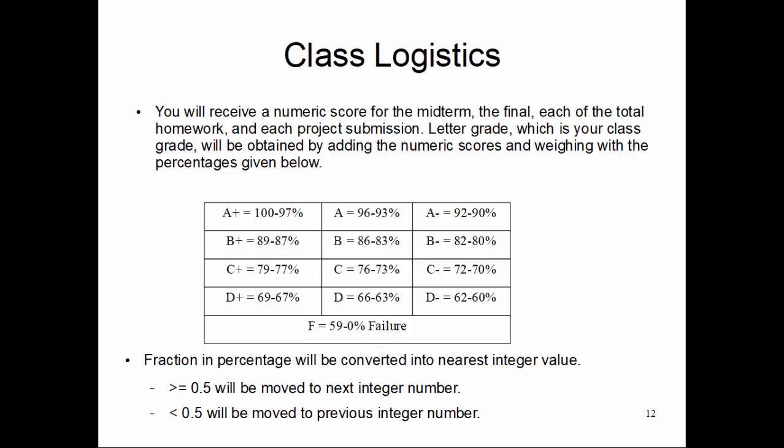For example, let's say you get 92.5. 90 to 92 is A minus, but 92.5 will be converted to 93, which will become an A. Another example: you get 92.4. In that case, it will be rounded down to 92 and you will get an A minus.